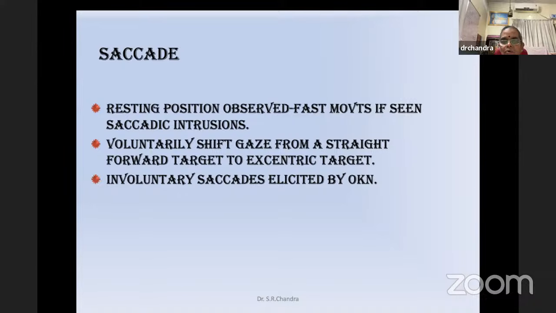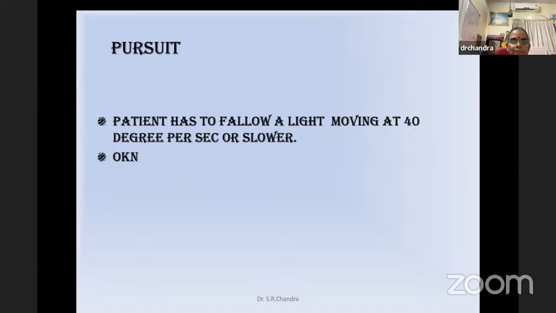During forward movement it tests the pursuit, and during correction movement it tests the saccade. So if the correction movement is absent, as I said, you get the drift sign of gaze. The eye keeps on drifting in a frontal lobe disease because the frontomesencephalic saccadic pathway is damaged. So this is how you check saccade. Resting eye position, look for saccadic intrusion. Voluntarily shift gaze from a straightforward target to an eccentric target and see hypometric, hypermetric saccades, and look for involuntary saccades which can be elicited by OKN.